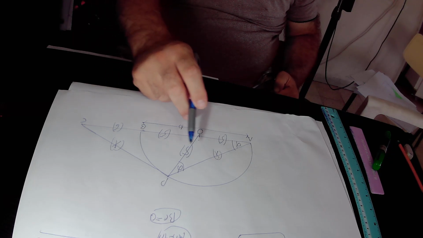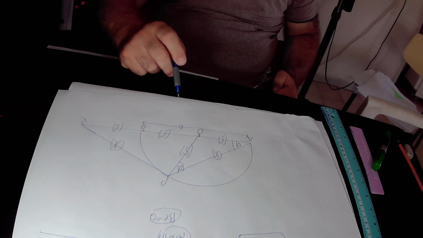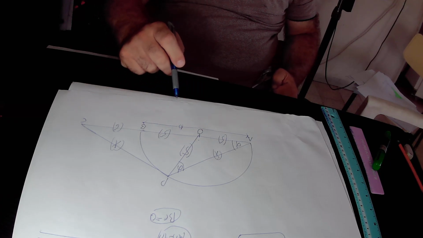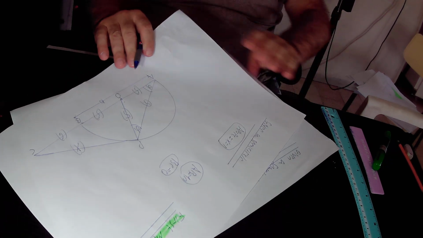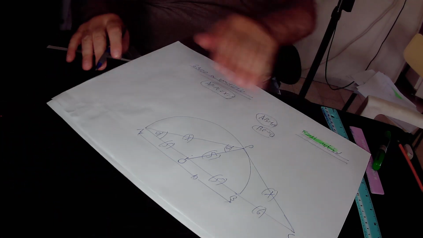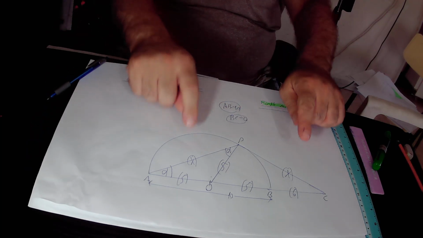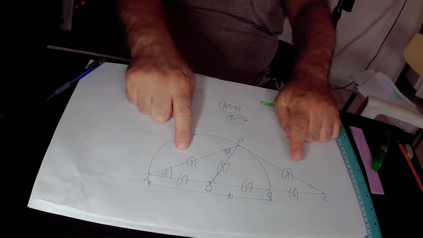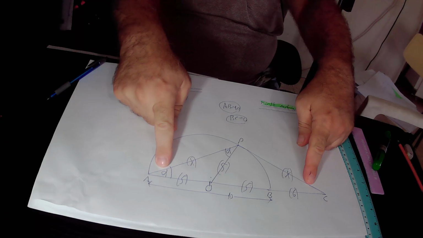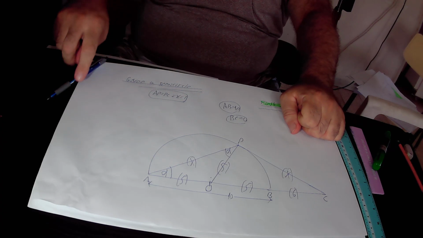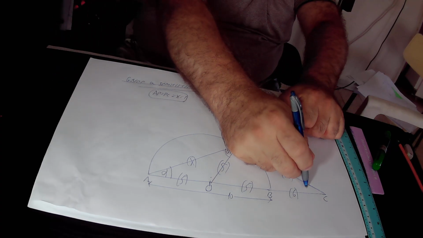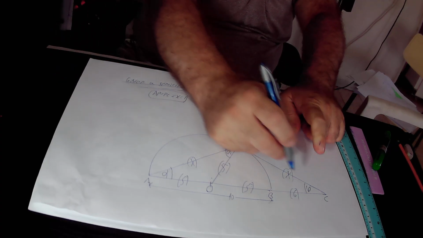Because side AP equals side PC equals x. Opposite those two equal sides, we have two equal angles. But this angle equals alpha, therefore this angle must also equal alpha because they are equal to each other.